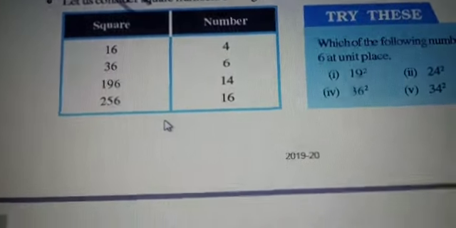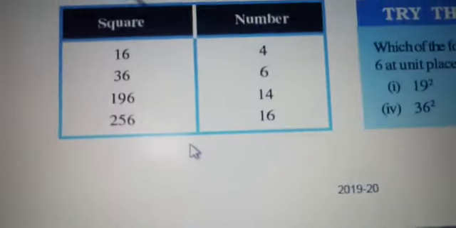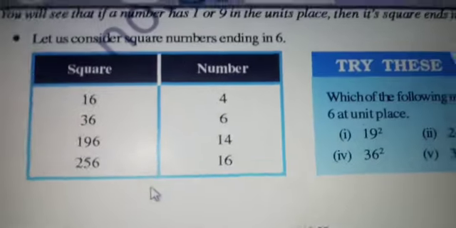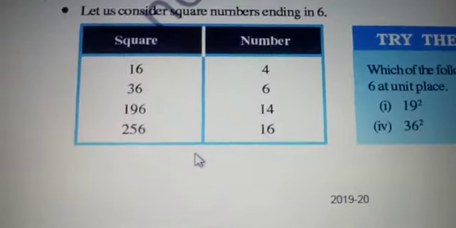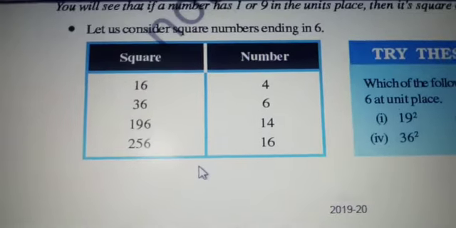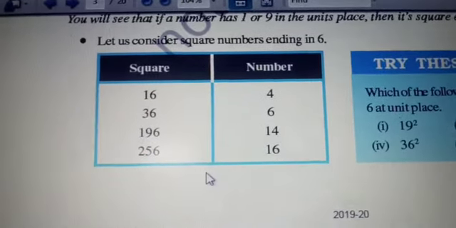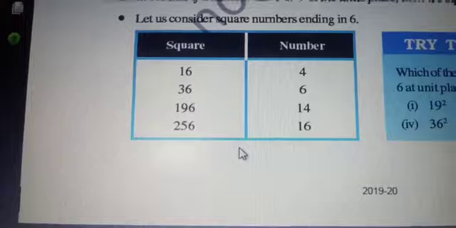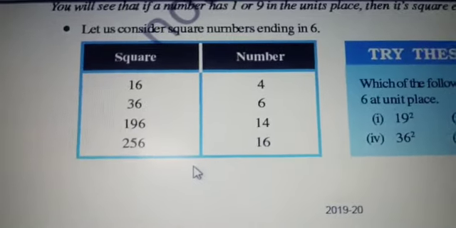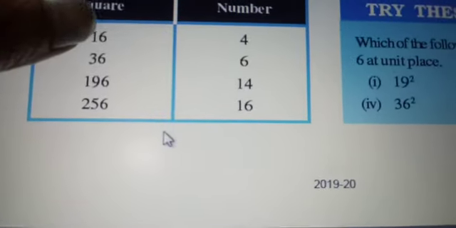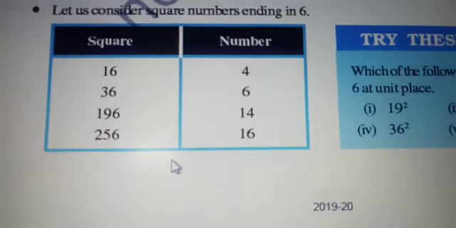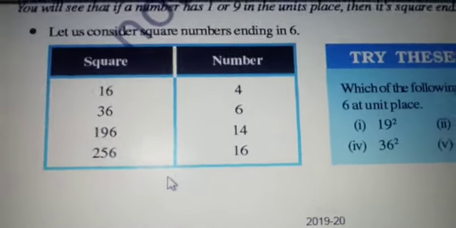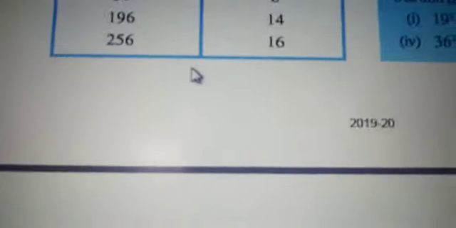Next, let us consider the square numbers ending with 6. Last time I told you, if a number ends with 1 or 9, then its square number ends with 1. But now, if a square number ends with 6, then its number will end with either 4 or 6. See, 4, 6.